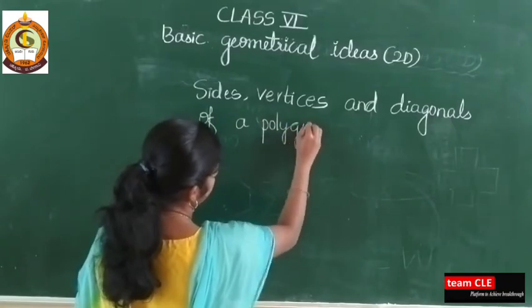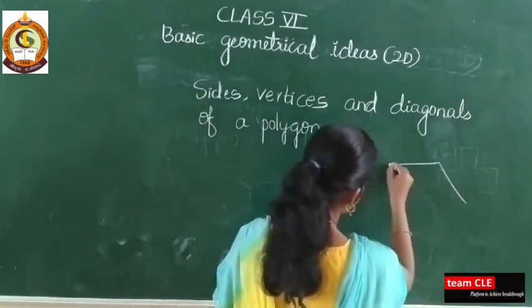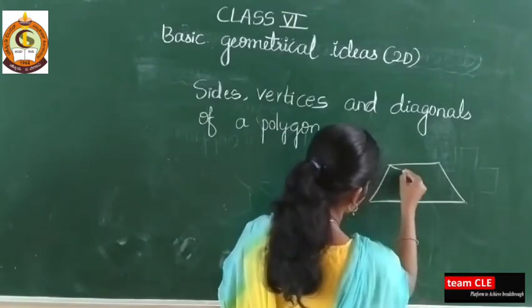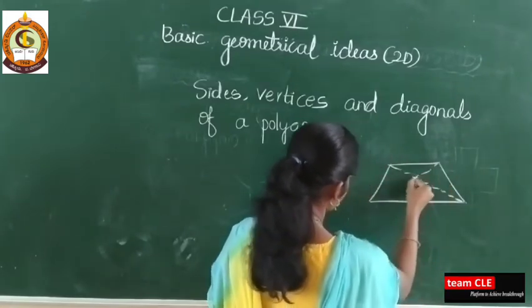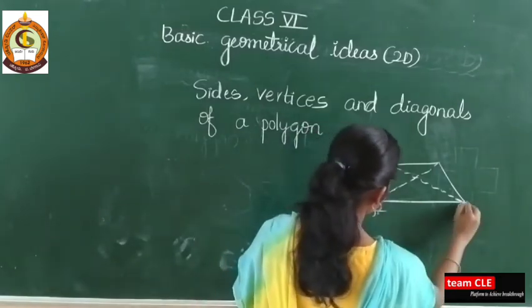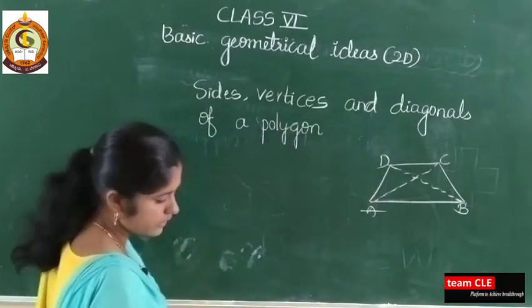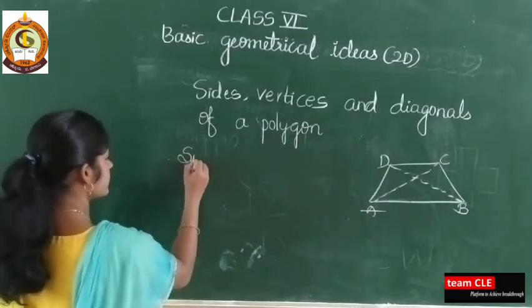So I will take here one example, and that is A, B, C, D. So here the first concept is sides.